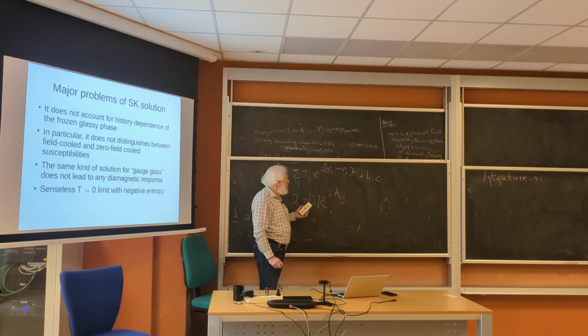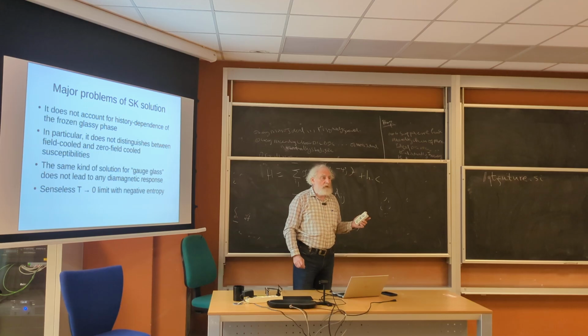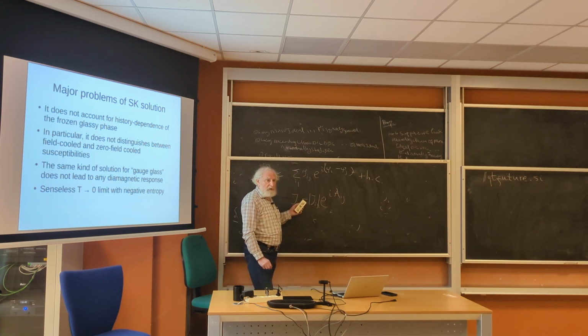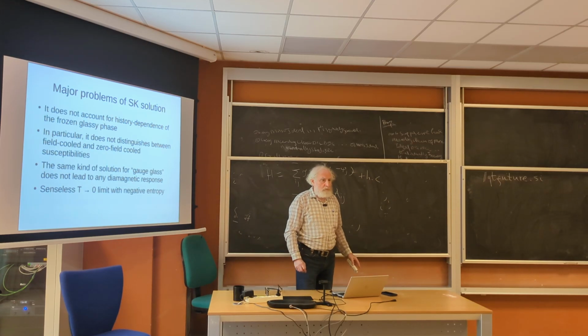This model can be treated in a way rather similar to what we discussed for Ising spins, with the difference just that instead of a real random matrix, we have a Hermitian random matrix, and the variable is not a spin plus minus 1, but a complex number with unit magnitude. Technically, it is rather similar.